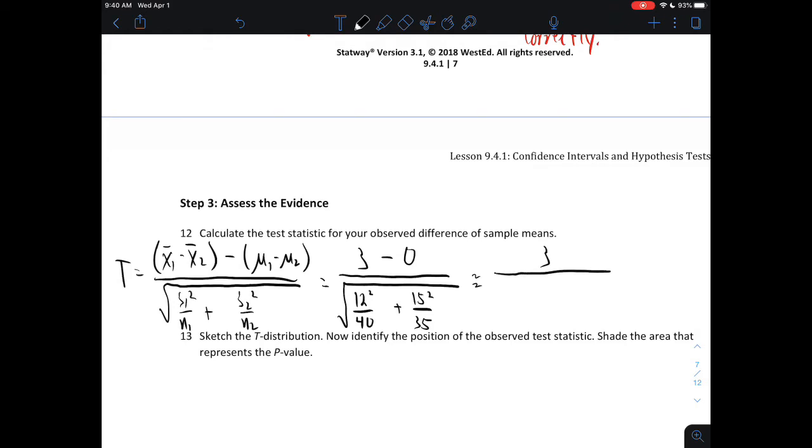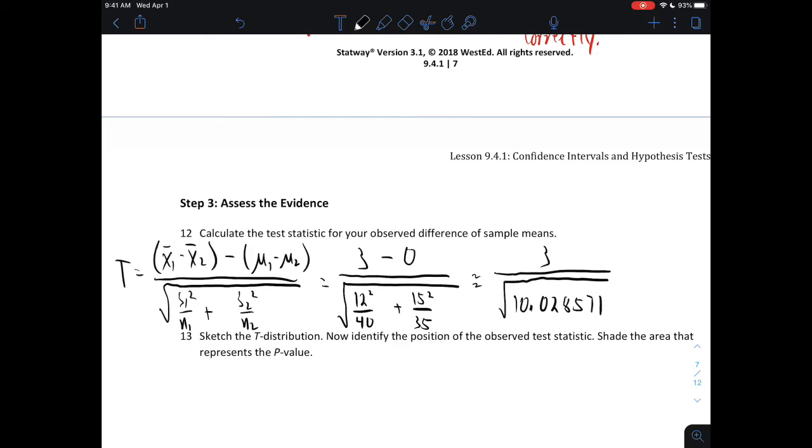If we want to break up some of the work, you could add those two fractions. So if you use parentheses 12 squared divided by 40 plus another set of parentheses 15 squared divided by 35, this would give you under the square root, 10.028571.